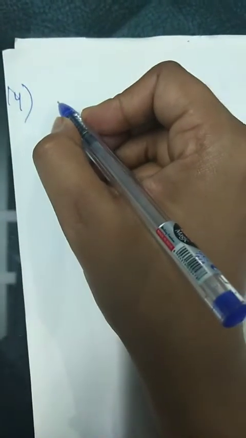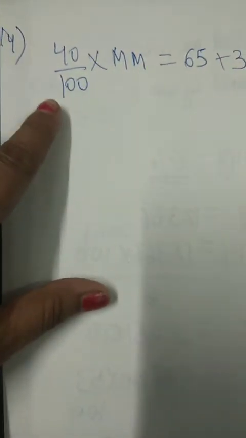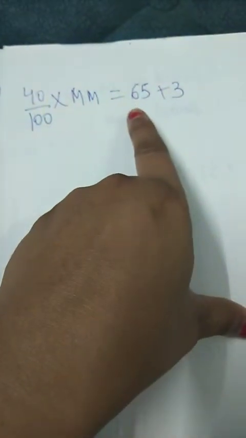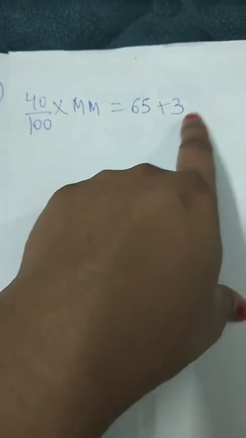We always find the percent from 100% in an examination. So you will find this 40% from the maximum marks. The pass mark was 40% and the candidate got 65 marks, but he was failing by 3 marks.